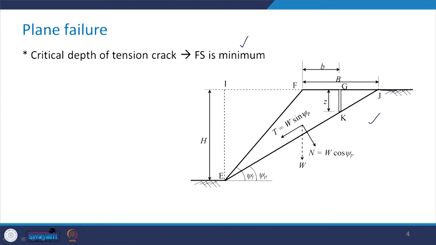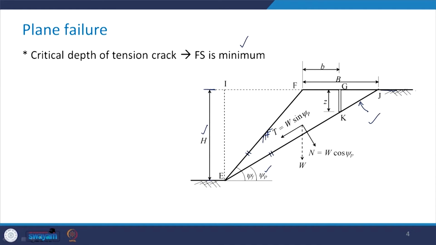This is the discontinuity plane along which the sliding will take place, and the orientations of these two planes are given by angle psi p for the discontinuity plane and angle psi f for the slope face. The height of the slope, from this level to this level, is given by h.